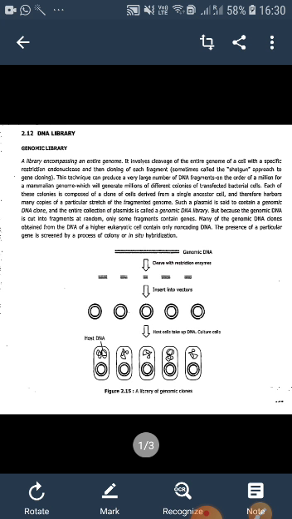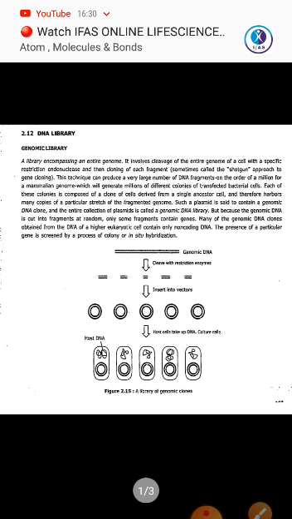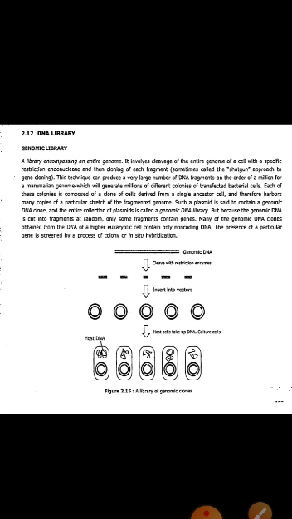Because the genomic DNA is cut into fragments at random, some of the fragments may not contain genes. Many of the genomic DNA clones obtained from the DNA of a higher eukaryotic cell contain only non-coding DNA.